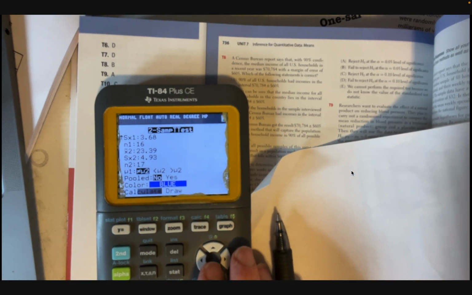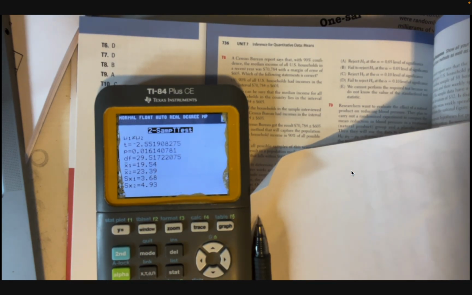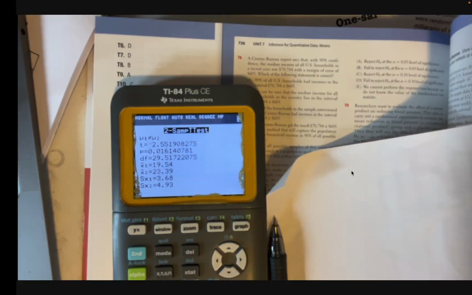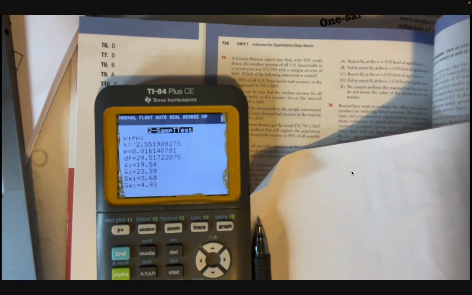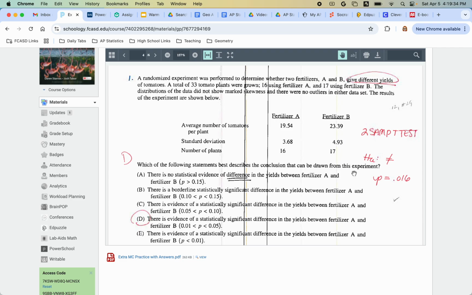I hit no for pool. There's your test statistic, there's your p-value. So that's how I got that p-value that I wrote right here. And then D is the right answer because that p-value is in between those two numbers.